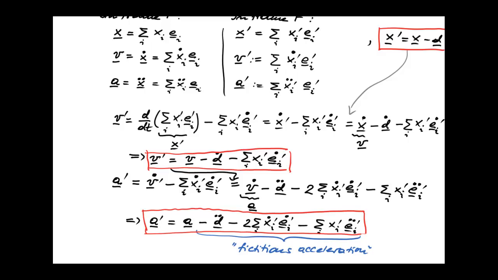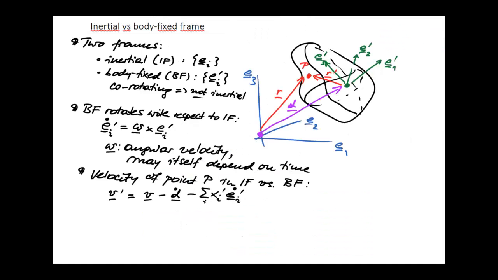This is the formula that we are going to use. Let me try to capture that formula. So here it is. That is the formula for the velocity as seen in the body fixed frame related to the velocity v without the prime as seen in the inertial frame.